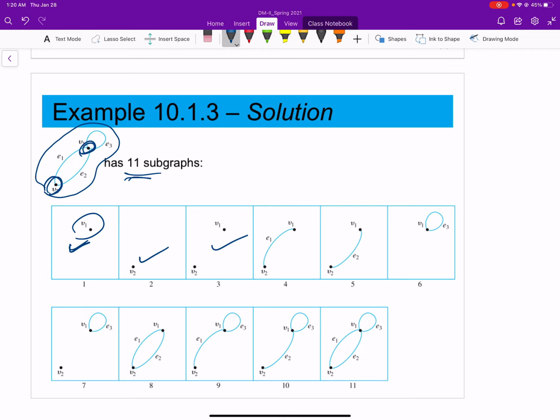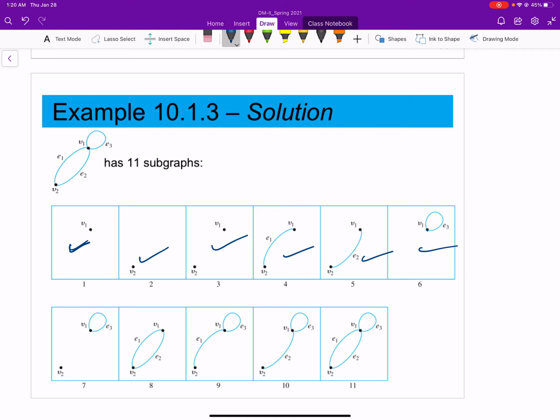Right? Now you take this vertex, that vertex, and this edge, like this. So it is a subgraph. This vertex, that edge, it's a subgraph. And then you take this vertex along with that edge, this vertex along with that edge. That's a subgraph. Okay, like that you can consider all the possible combinations, by taking edges and vertices.